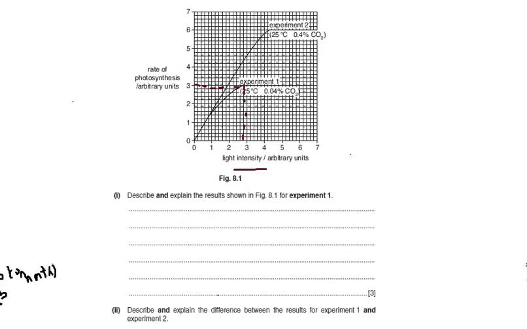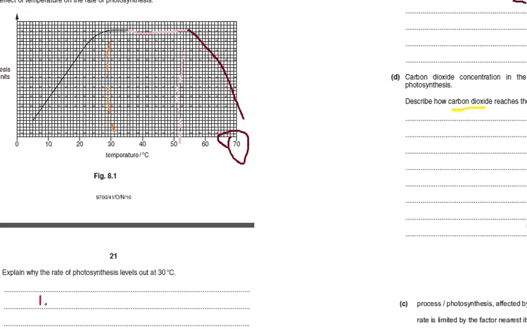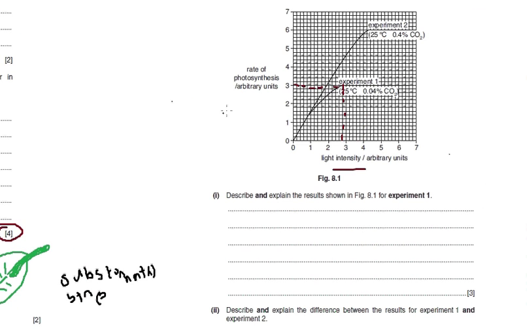This is the same thing we came across over here. Even if you increase light intensity, the rate of photosynthesis will not increase, because there are some other factors limiting at this particular point. So for experiment 1, that's the first thing.